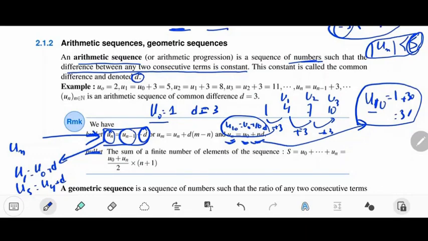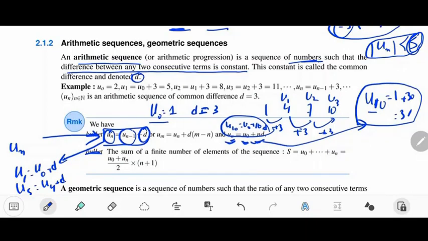Okay, so what if you want to calculate U10, but you don't have U0, you have U5, the fifth term, and you want to calculate the 10th one? Then you check how many times I'm adding the common difference from U5 till U10. It's 10 minus 5.